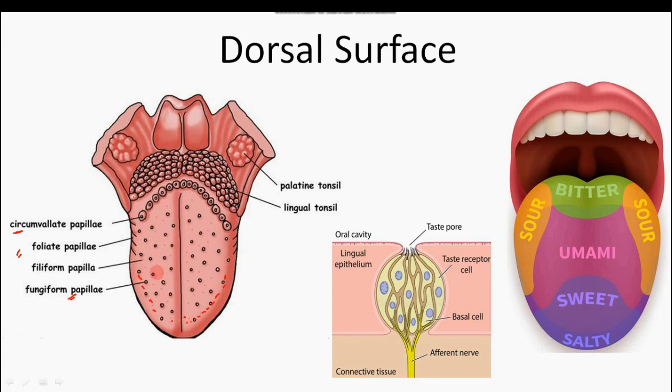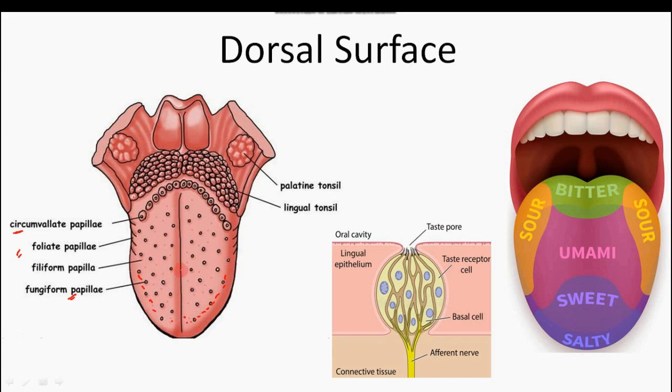Whereas here you can see many tiny, reddish, small papillae. They are present in the anterior two-thirds of the tongue. Clear? And they are arranged in a V-shaped pattern, all this arrangement except in the anterior aspect, where they are arranged transversely.